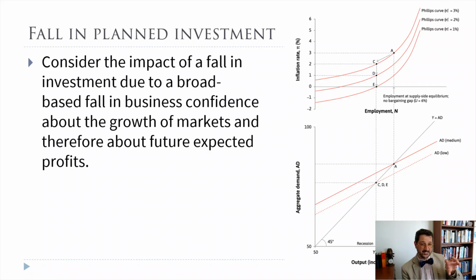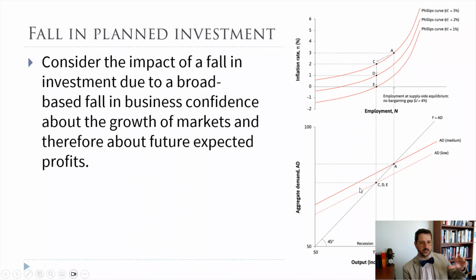If it stays there, right, then expected inflation will decrease, and that will shift down our Phillips curve. So if we stay at this point, then we're going to have lower and lower inflation, and we could eventually get deflation, right? If this shifted one more time, then we could actually get deflation.